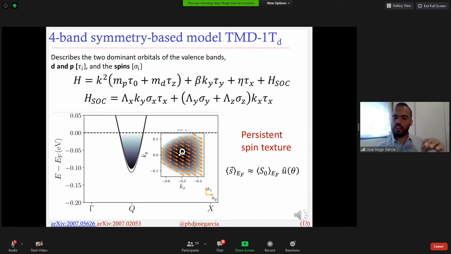This is a consequence of the nature of the Q point and also of the singular nature of the spin texture, so it is a consequence of the low symmetry of the material. And we'll see that this persistent, or constant, spin texture around Q is very important. This Q point actually lies on the ky equals 0 axis.